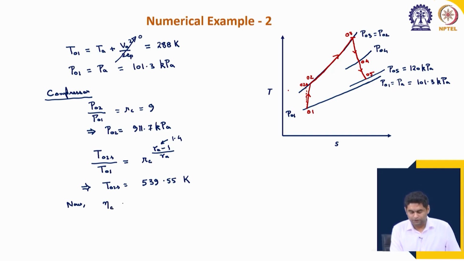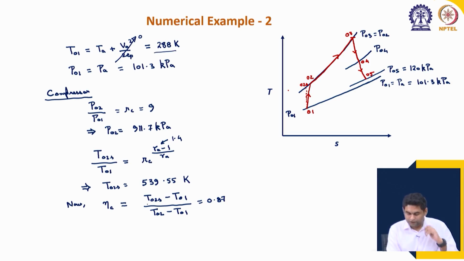So, isentropic efficiency of the compressor is T02s minus T01, which is the ideal temperature rise, by the actual temperature rise, which is T02 minus T01, okay, and this is given as 0.87. T01 we already know, which is equal to 288 Kelvin.